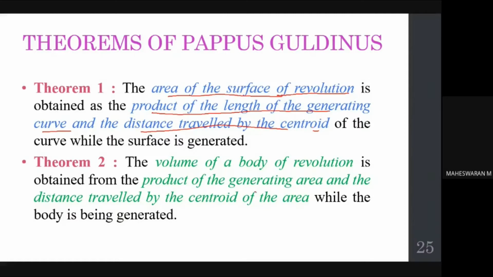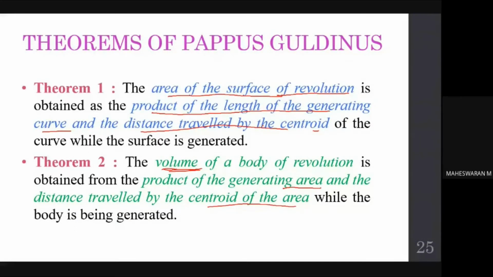So the second theorem is to identify the volume, right? It is the product of the generating area. Previously it was the product of the generating curve. Now it is the product of the generating area and the distance traveled by the center of the area. Previously, it was the distance traveled by the center of the line, whatever it is.